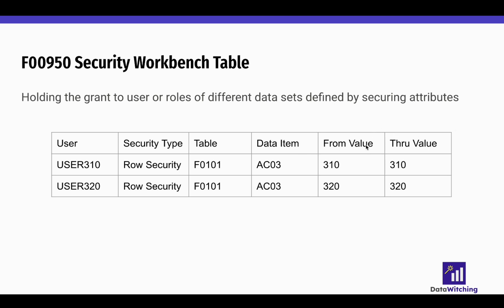Lastly, we have two columns, from value and through value, for granting information. In our table, a user like user 310 is granted access to two divisions defined using a branch. GDE provides a user interface allowing admin users to allocate different object instances to a user, thus defining the contents of the security workbench table.